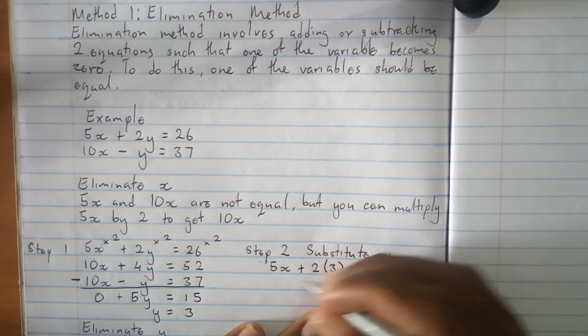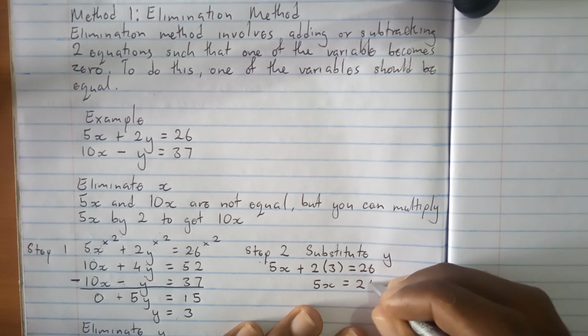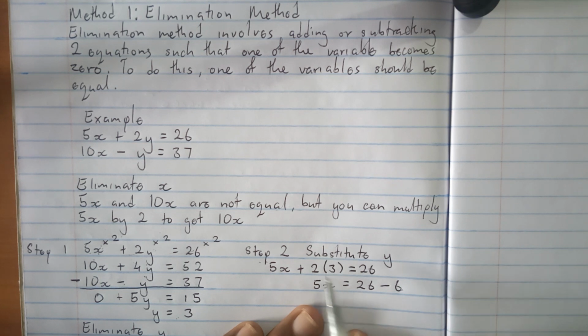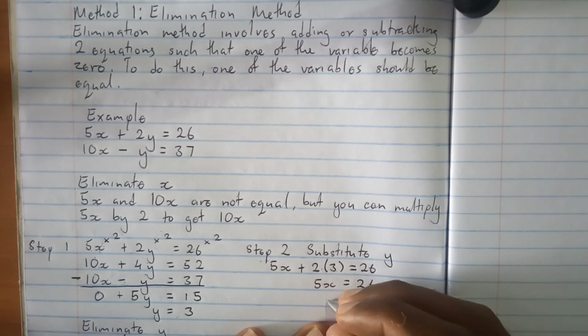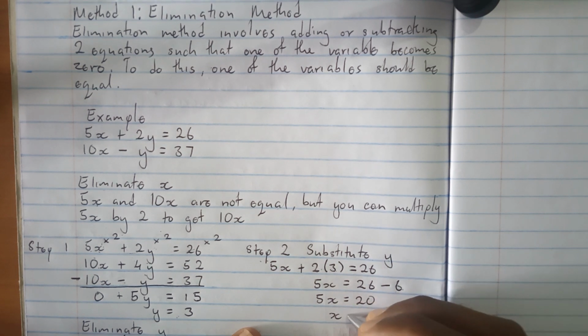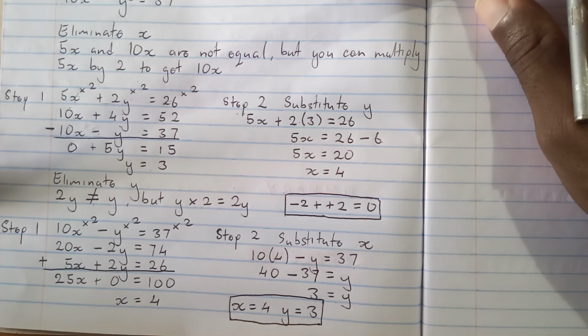Then the next step becomes 5x is equals to 26 minus 6. Where did this 6 come from? It came from 2 times 3. 2 times 3 gave us a plus 6. When it came to this other side, it becomes a negative 6. Then we can say 5x is equals to 20, therefore x is equals to 4. And that becomes the answer.